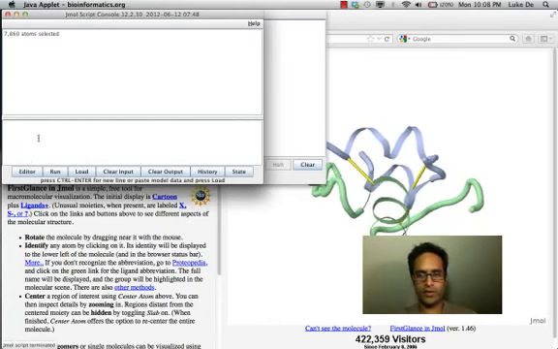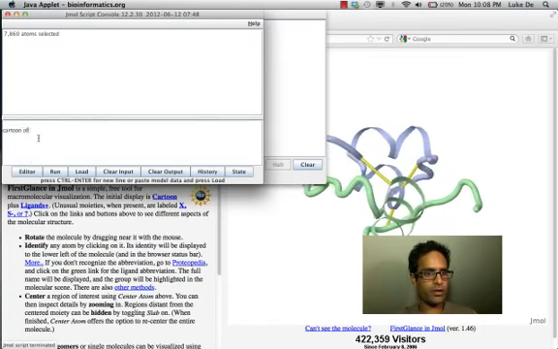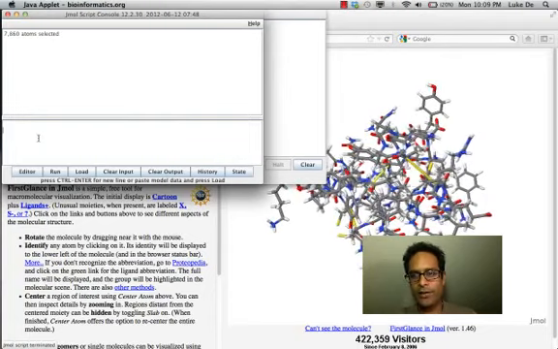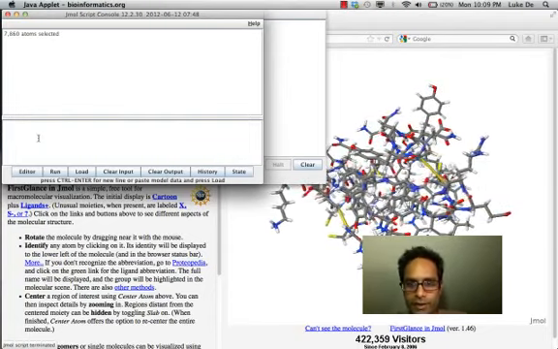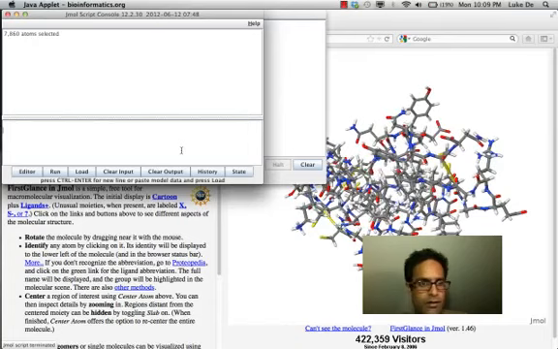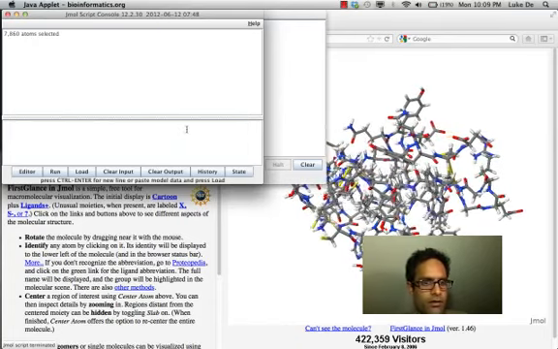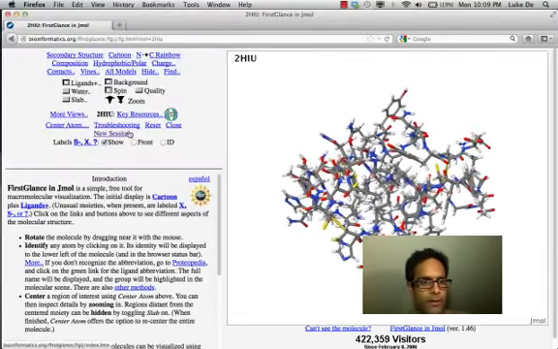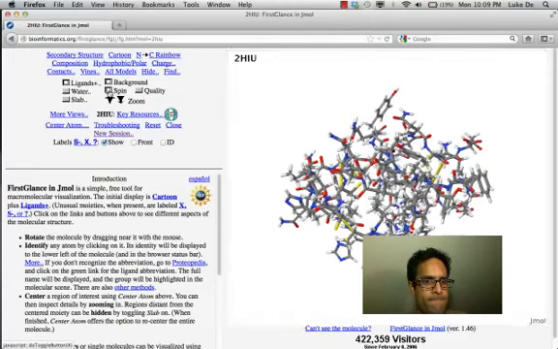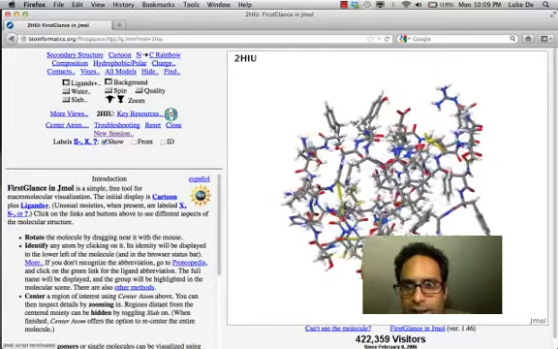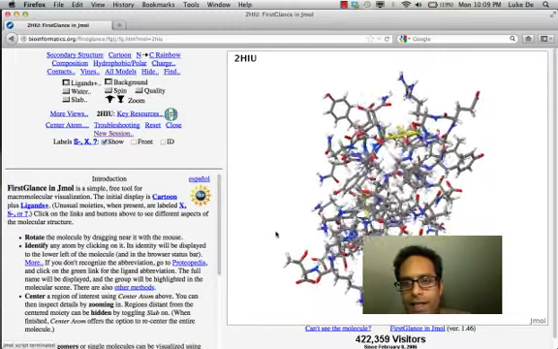Alright, so cartoon off, and then let's do wireframe 50. Okay, so now you can see something that you're probably a little more familiar with. And if you look carefully, what you'll see in there is a pattern.